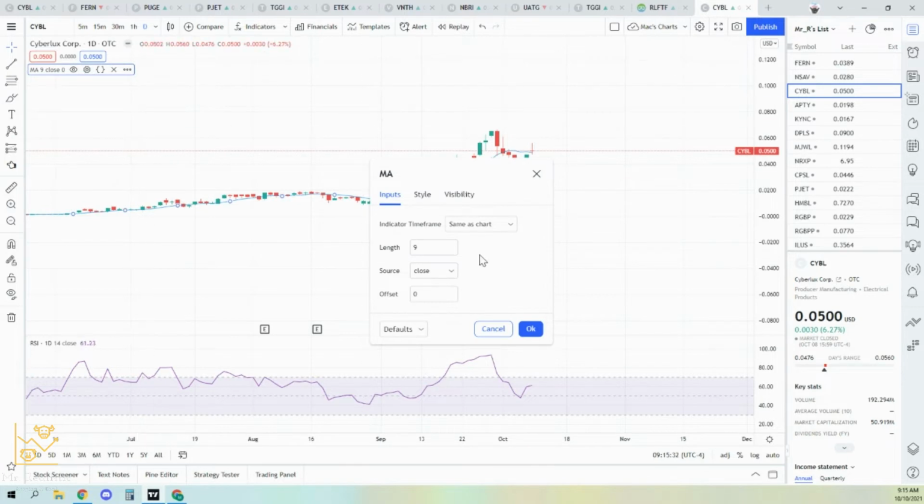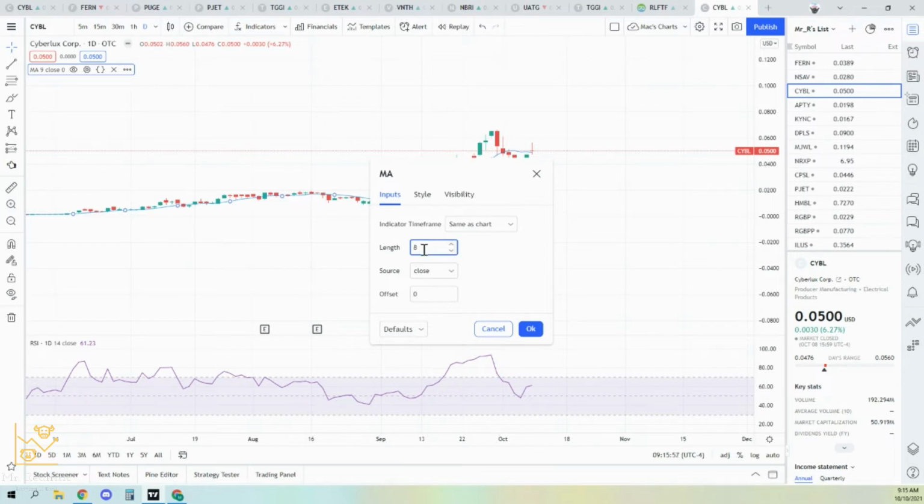All right. So the length is the amount of days. Remember, I like the 8, 21, 50, and 200. I find that they always stay within those lengths because of other traders. So that works for me. Something else might work for you, that's up to you.